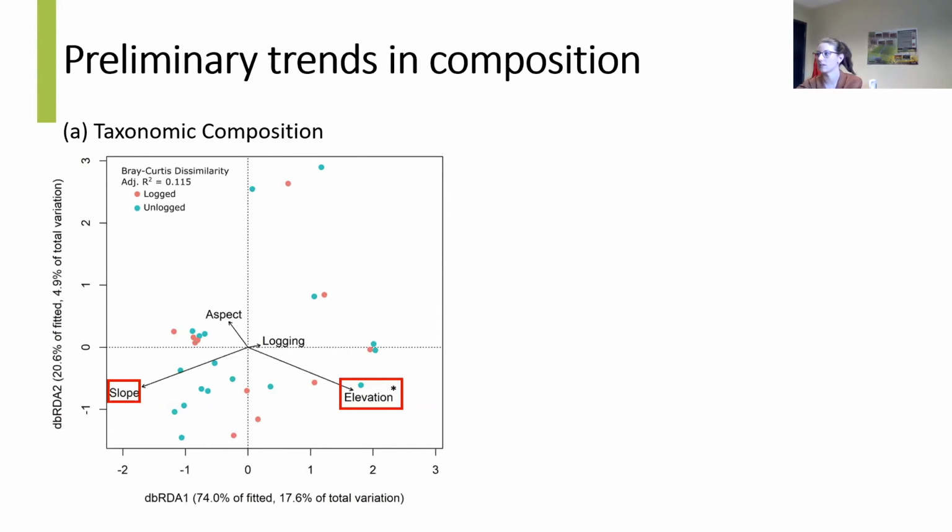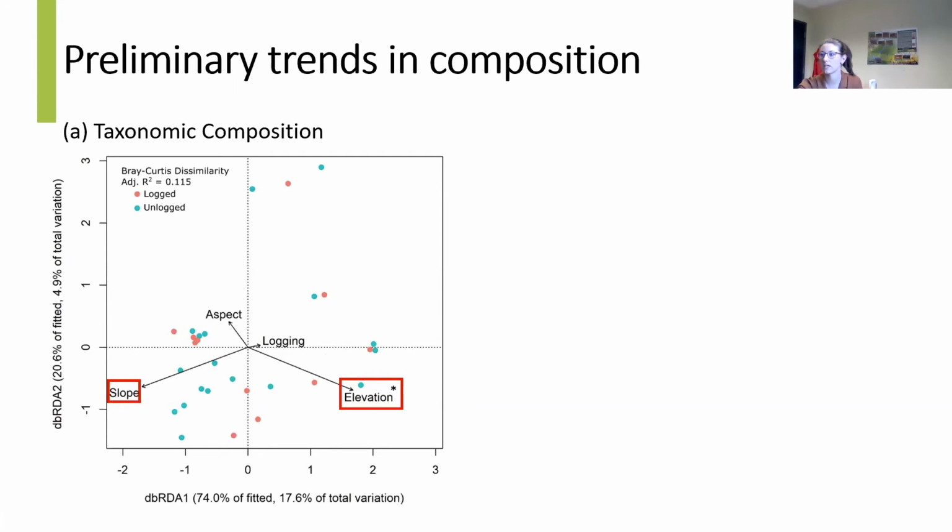So this matches the nonlinear trends in Christine's data. And we're very curious about this, because it's commonly considered that elevation is the main control on the species turnover. So we're interested in examining this further.